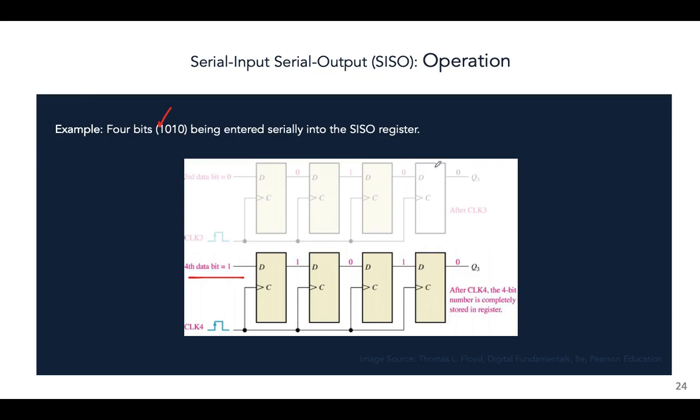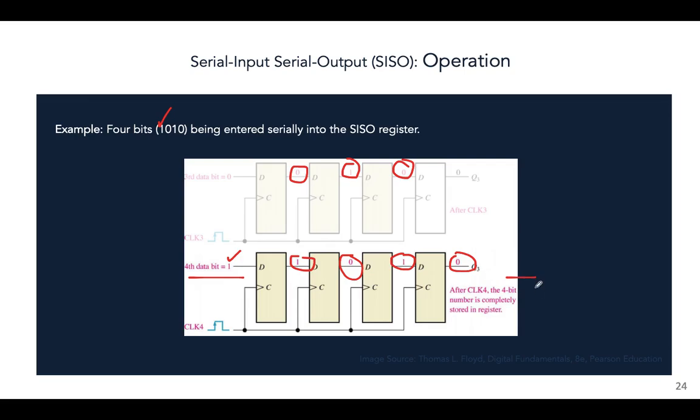So the fourth flip-flop had gotten 0, so its output is 0. The third flip-flop, last time it got bit 1, so its output is bit 1. Previously, the second flip-flop had gotten bit 0, so its output is bit 0. And after the application of the fourth clock pulse, data bit 1 came into the first flip-flop, so that's why its output is 1.